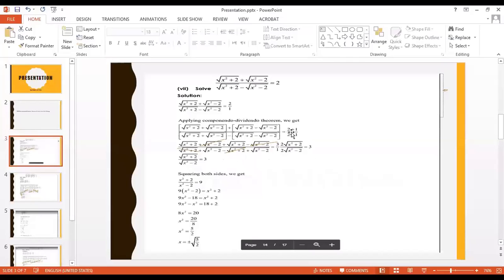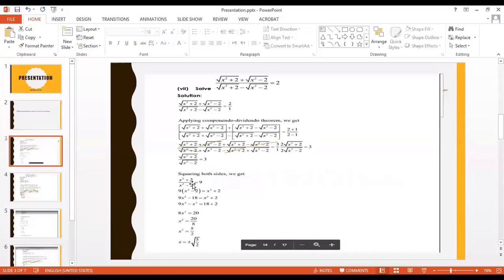So here will also be 3 over 2 plus 1 is equal to 3, and 2 minus 1 is equal to 1. After that we will cut 2 with 2, so this simple equation will come to us. Then for further simplification, we will take the square root.